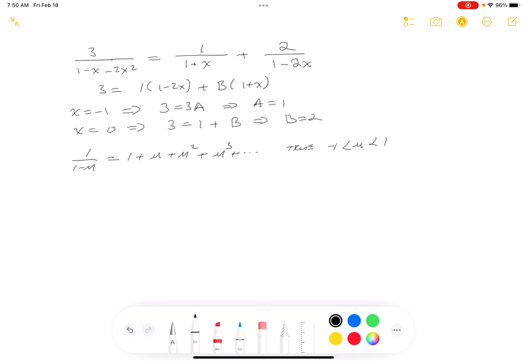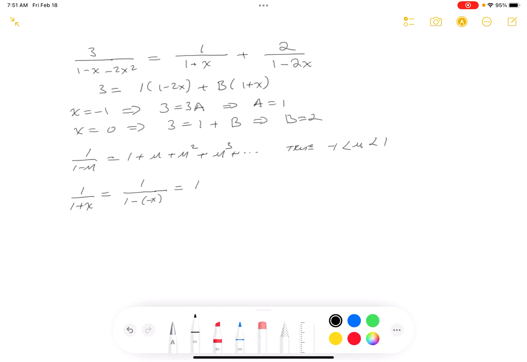It's a geometric pattern, and the first thing I notice is that I want to put 1 down at a time, and I think I can do it. So it looks like 1 over 1 plus x. Well, that's certainly in that pattern, but it does look a little different, so I want to get it exactly like that. So it's going to be 1 over 1 minus u, where u is simply minus x.